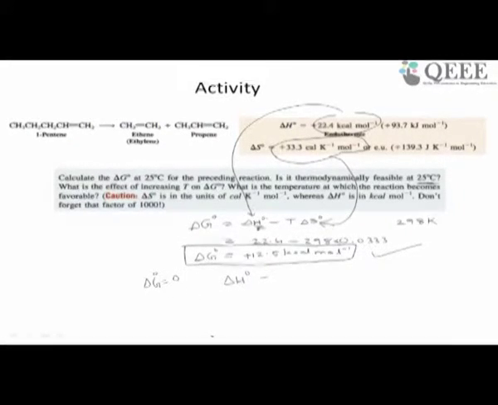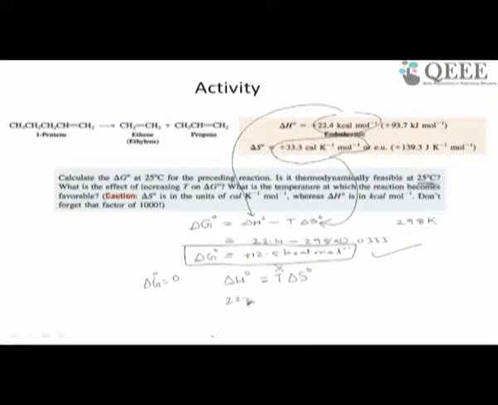Delta G will become 0 only when delta H and T delta S are the same. The temperature is the only unknown quantity. We know delta H and delta S.